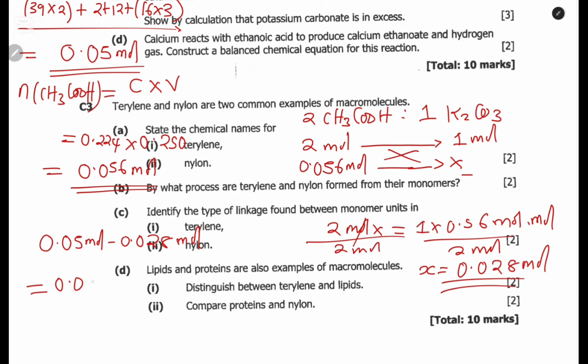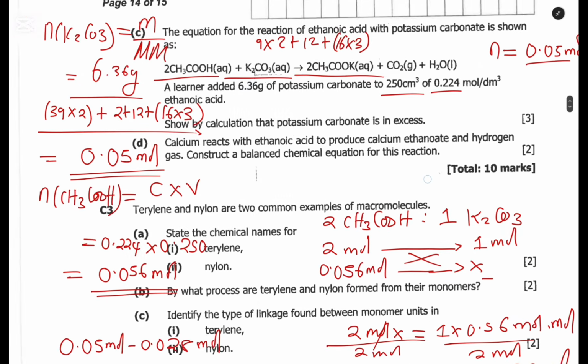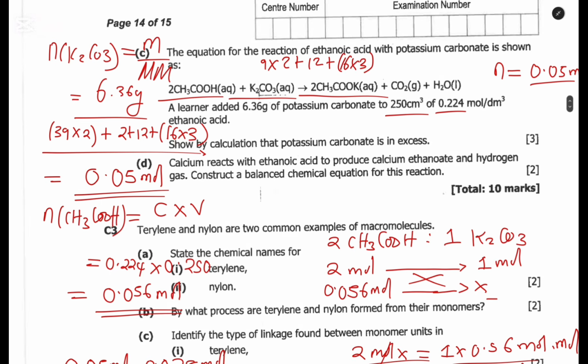So 0.022 moles of potassium carbonate are in excess. So these are the number of moles of potassium carbonate that remain unreacted, and we've shown by calculation that indeed potassium carbonate was in excess. The question was to show by calculations that potassium carbonate is in excess.